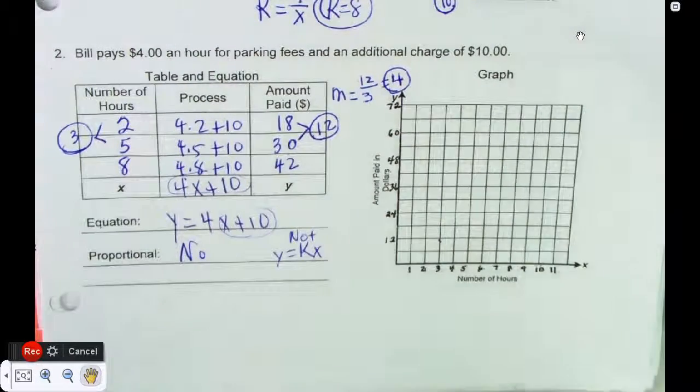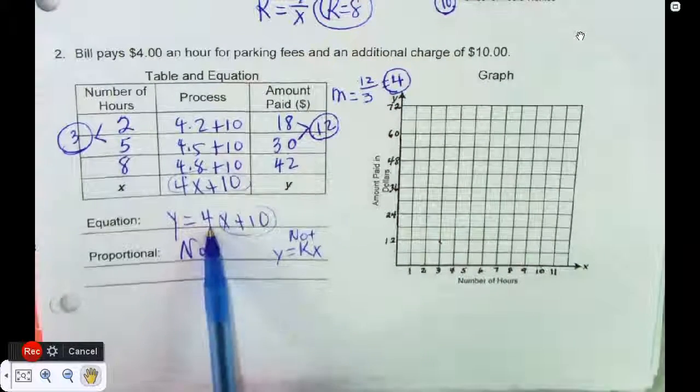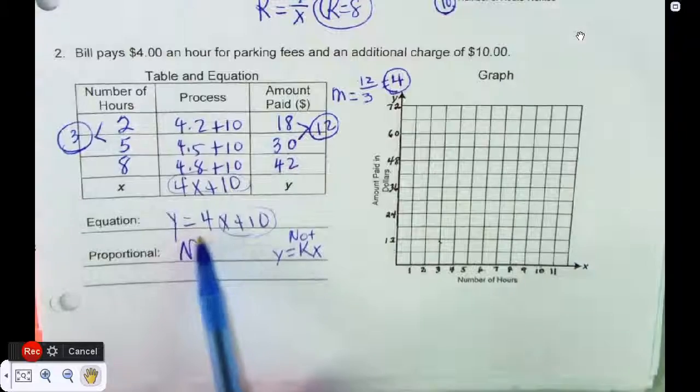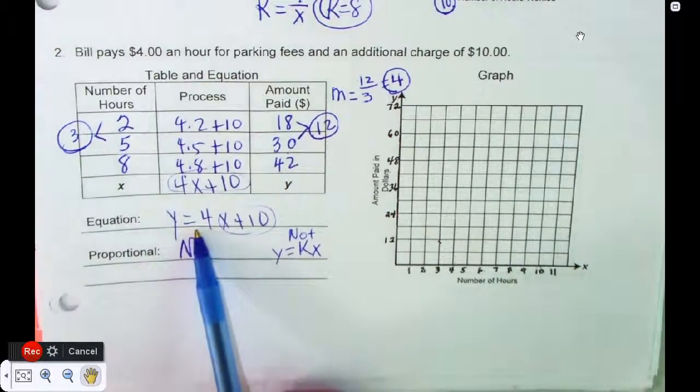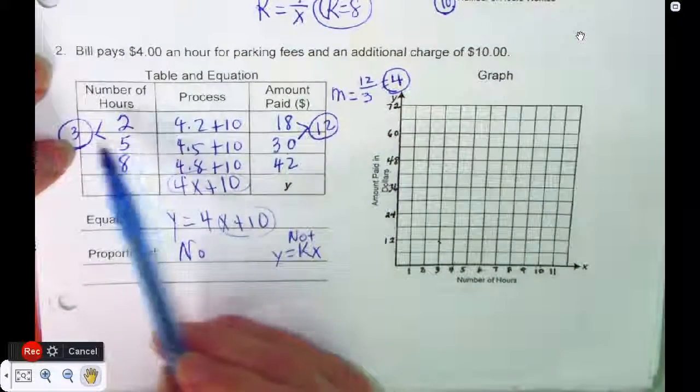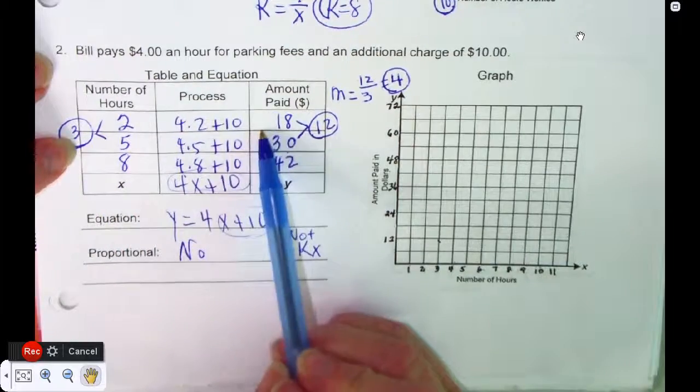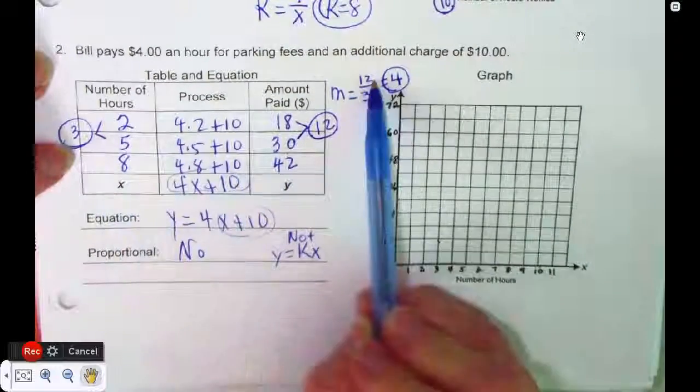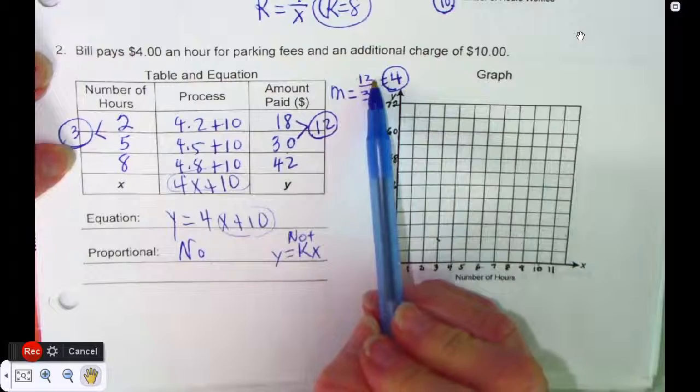Yours should equal 4 also. Why? That's the slope, guys. 4 is the rate of change, which is the slope. So when you get your rate of change, the change in y with the change in x, you should get 4 also. Your numbers might not be like mine.